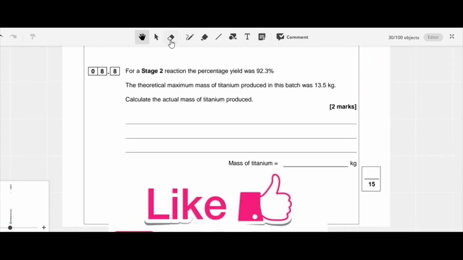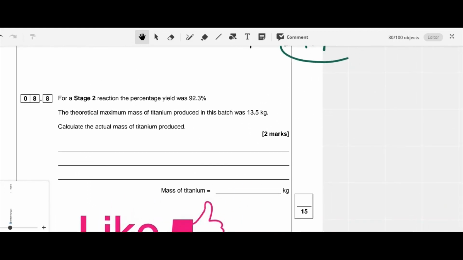Okay, the last question of this paper: for the stage 2 reaction, the percentage yield is 92.3%. The theoretical, or maximum, mass of titanium produced in this batch was 13.5 kg. Calculate the actual mass of titanium produced.